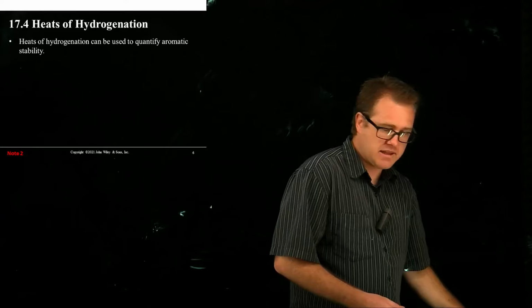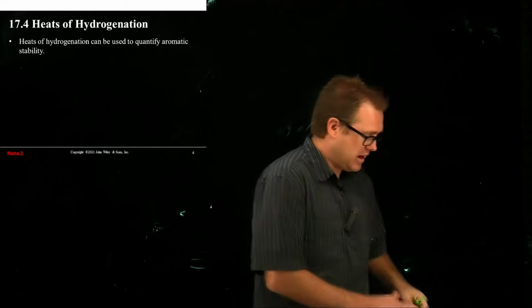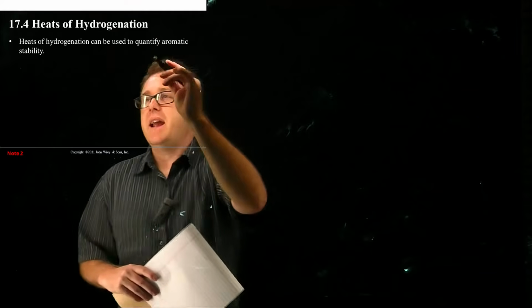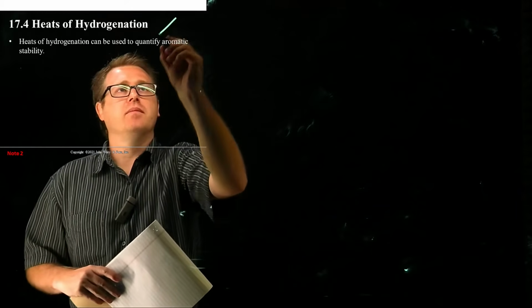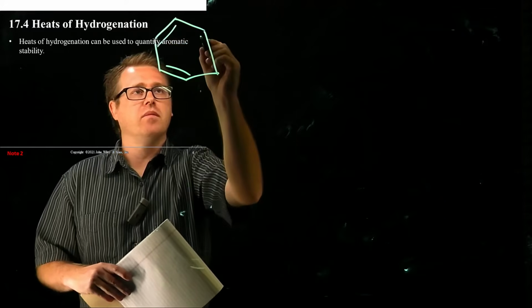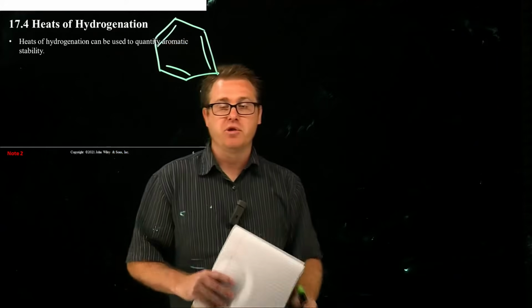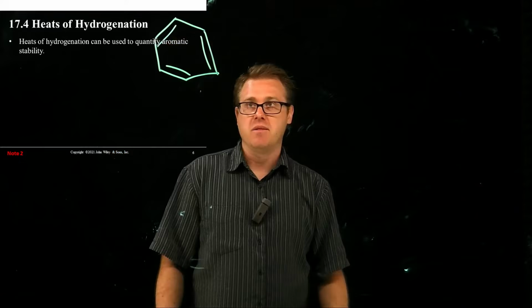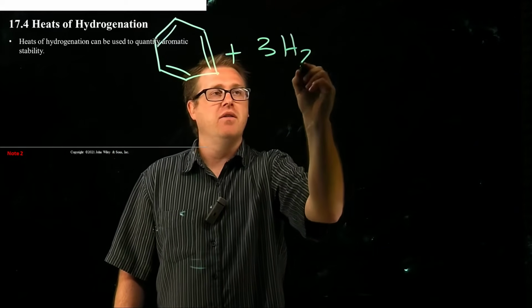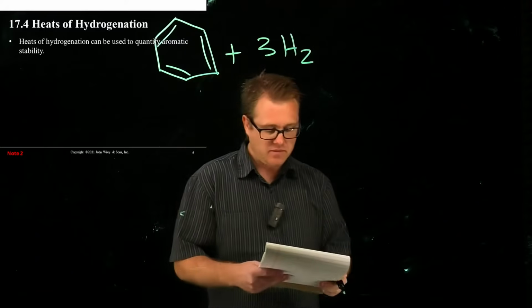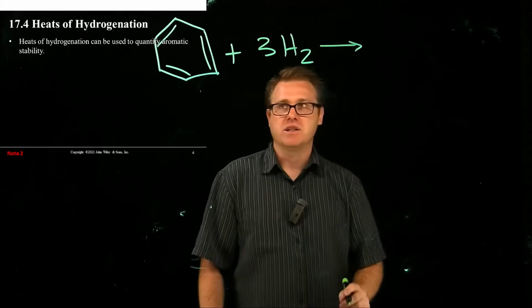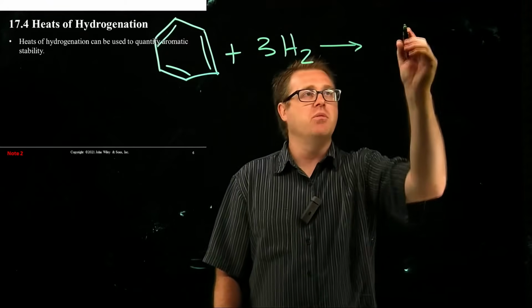And it's this concept right here, where we're going to take benzene and we want to reduce the 3 double bonds. So we're going to treat it with 3 moles of hydrogen gas. And when we do that, we're going to have a reaction in which we reduce all the double bonds.